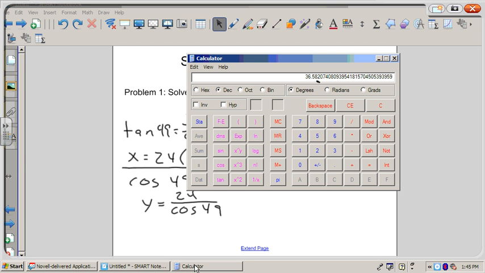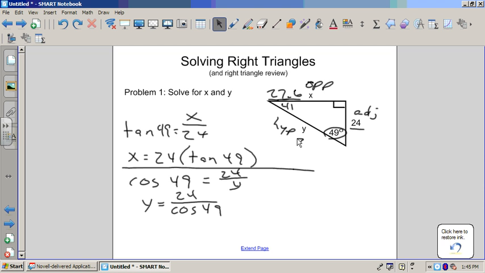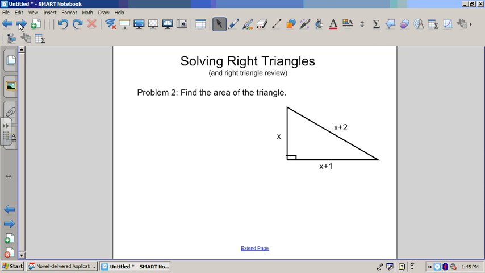I'm hoping that this thing right here is an 8, because if it isn't, I'm off a little bit. But if that's an 8, it's 36.6. Okay? There's x and there's y.